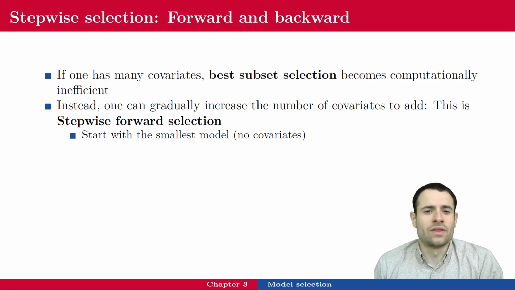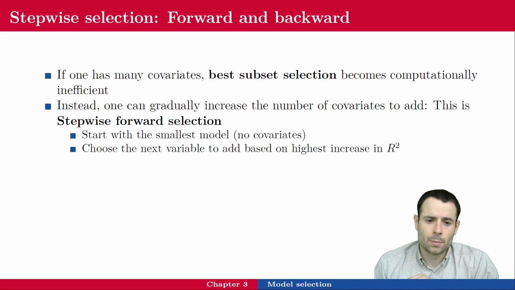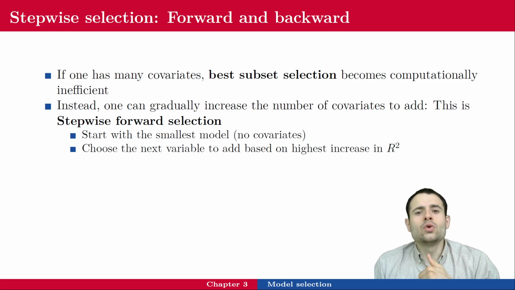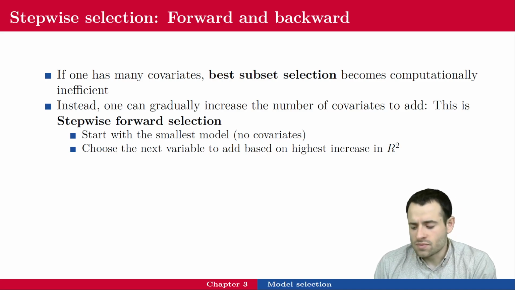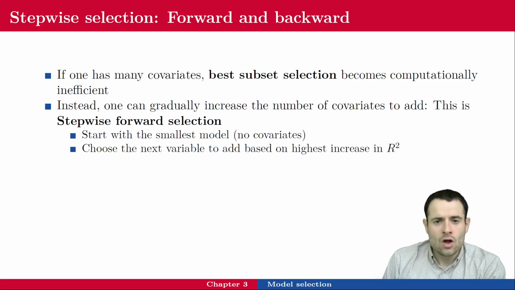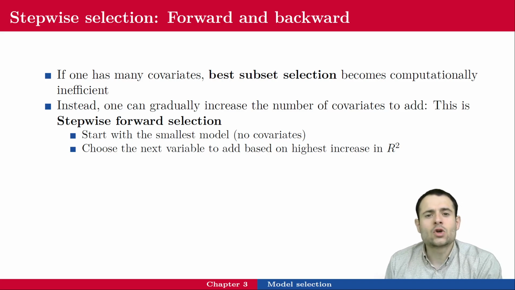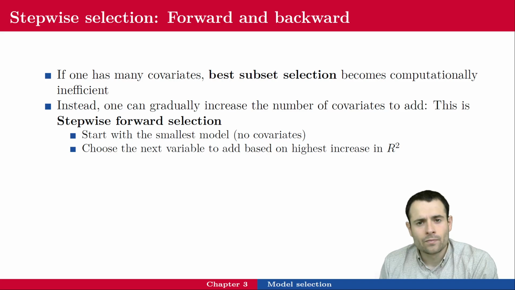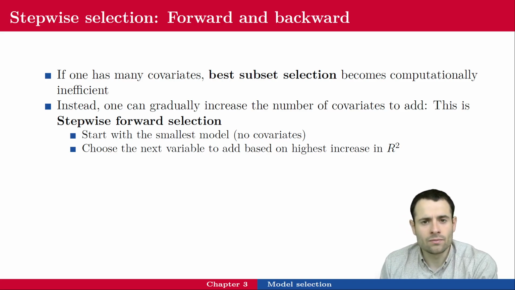Here is the algorithm. You start with the smallest model, no covariates. Then you choose the next variable to add based on the highest increase in R-square. So from 0 to 1, you try with this one, with the first one, with another one, with a third one, with a fourth one, and you look at what variable increases your R-square the most. This is the one you pick, and that becomes your model of one variable.